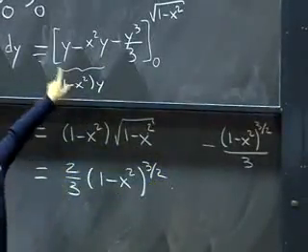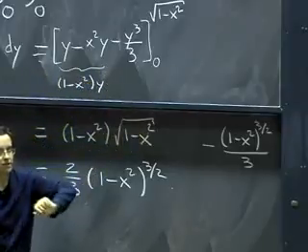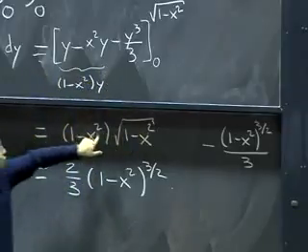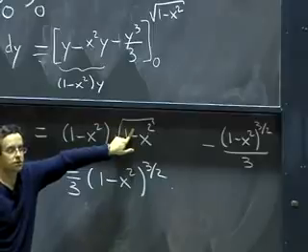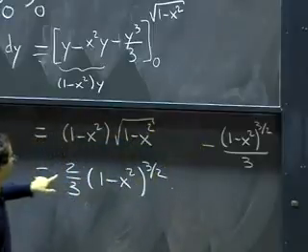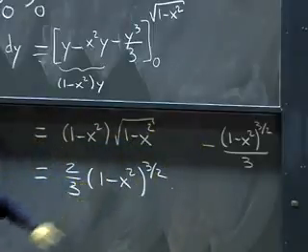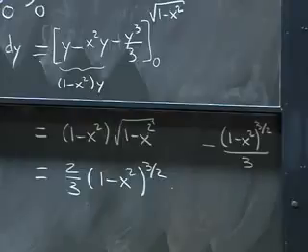And then when I take y equals 0, I get 0, so I don't subtract anything. Okay, so now you see this is 1 minus x squared to the 3 halves minus a third of it, so you're left with 2/3. So that's the inner integral.